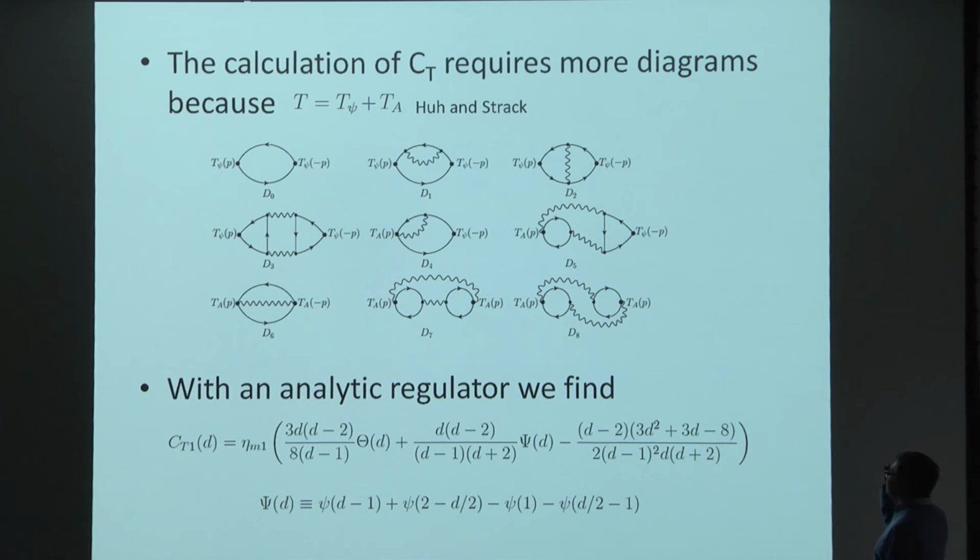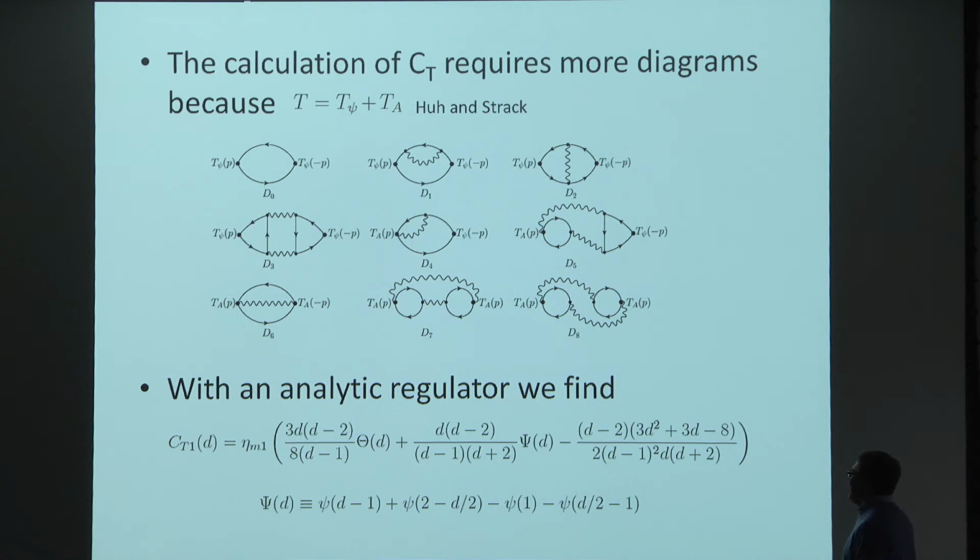So now that's the real mess. Actually, the diagrams were set up by Huh and Strack. The complexity is that the T has 2 pieces: one is just from free psi, and the other one from A psi bar psi. So there are many more diagrams and more opportunities to screw up.